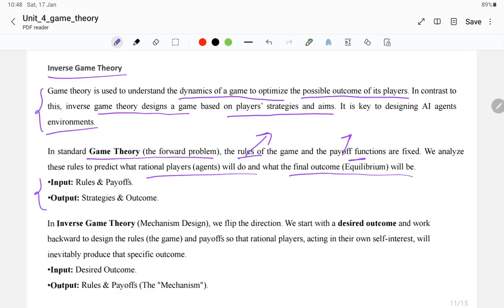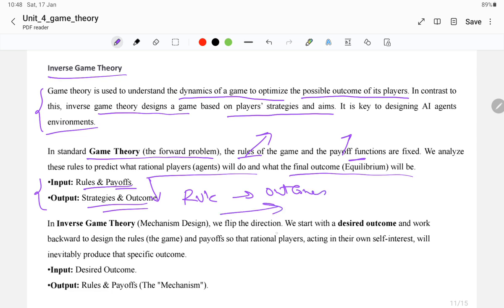The input rules and payoffs are fixed, whereas the output is the strategies and the outcome. So it's always a forward problem: from rules to outcomes.